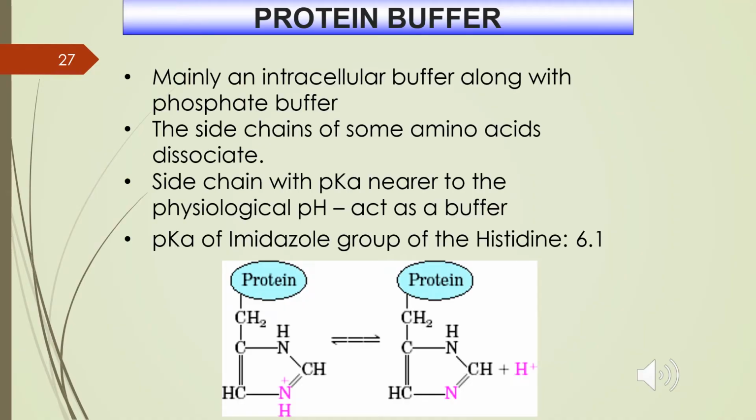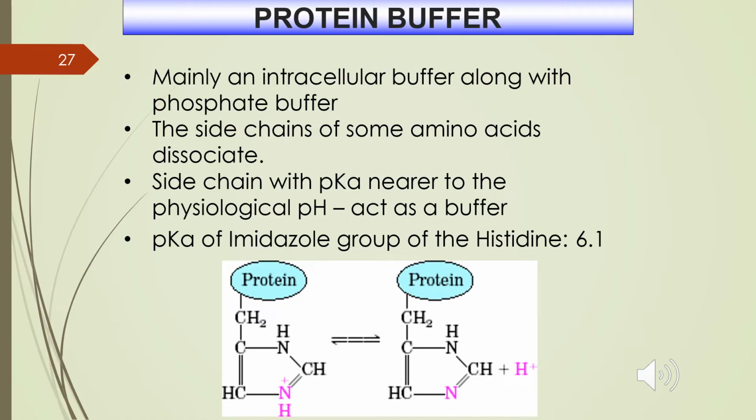Proteins are the intracellular buffers along with phosphate buffer. Buffering capacity of proteins depends on the pK value of ionizable side chains. The most effective group is the histidine imidazole group with a pK value of 6.1. Proteins are among the most plentiful buffers in the body because of their high concentration, especially within the cells.